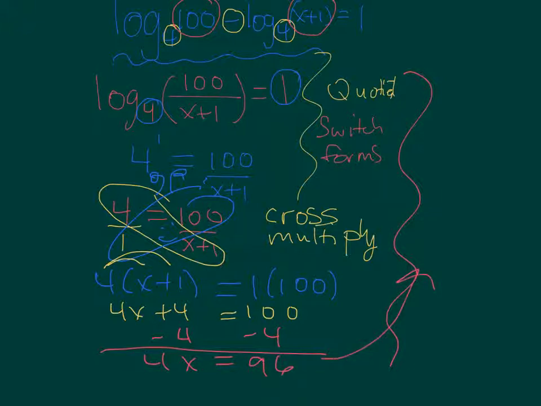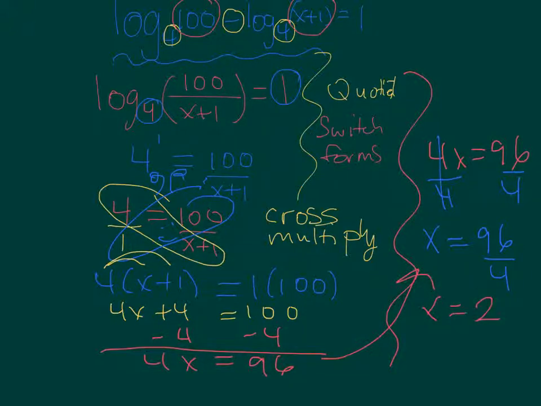Divide by 4 on both sides, so x equals 96 over 4. And of course, we want to reduce. You can see that 4 into 9 goes twice with 1 left over. 4 into 16 is 4. So our answer is x equals 24.